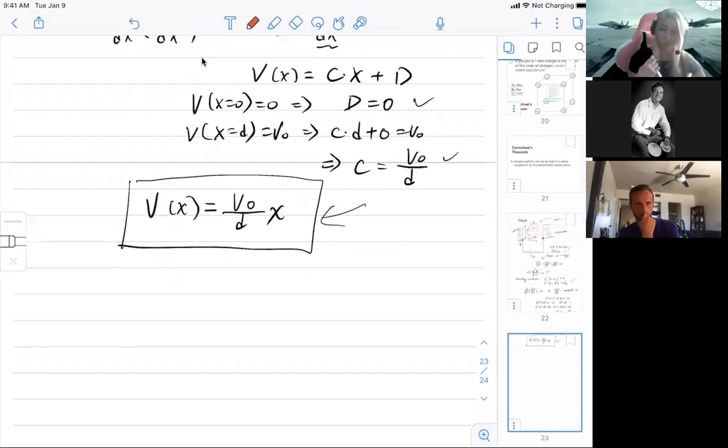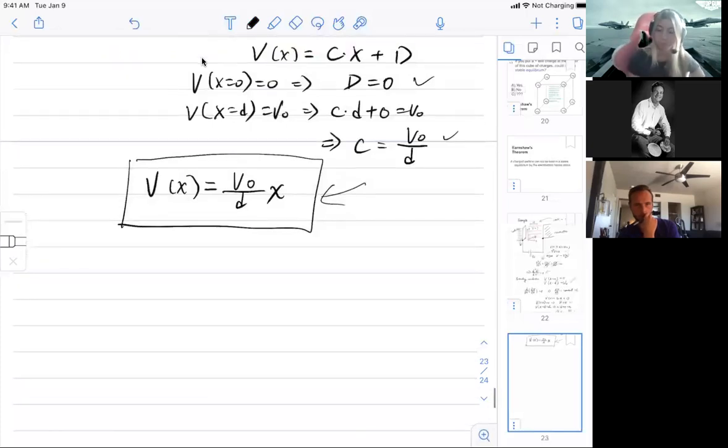So this is for V specified at the boundary. A lot of times they don't give you the potential at the boundary, but they give you the charge density at the boundary instead. And that is also okay. You can also solve for V if they give you the charge density at the boundary.